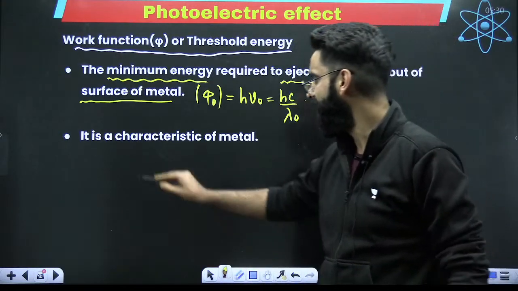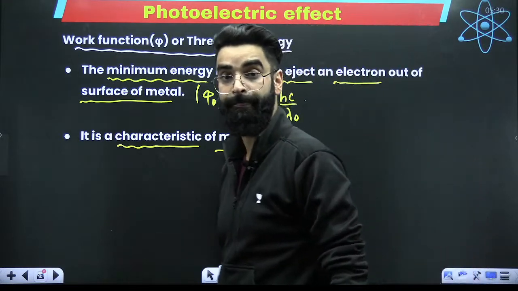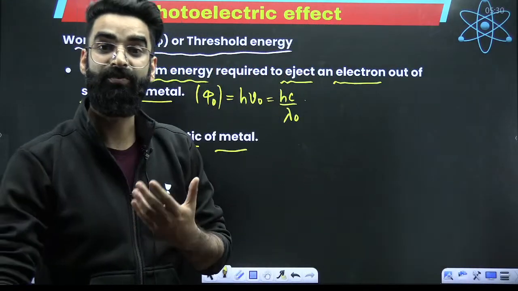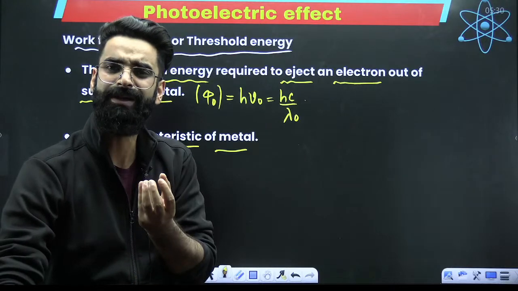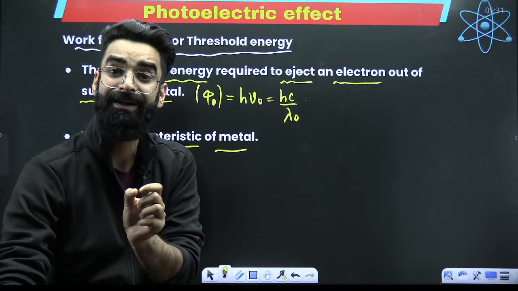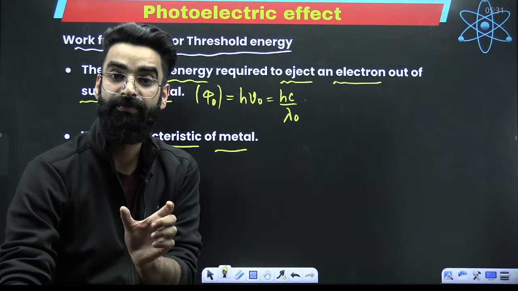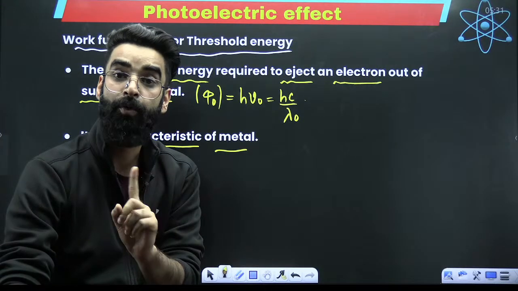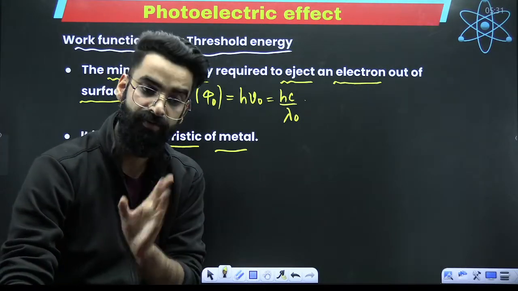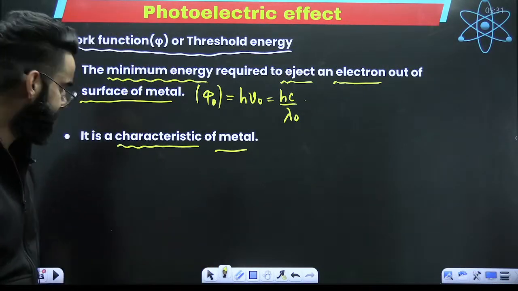Work function is basically a characteristic of the metal. It depends on the amount of force of attraction between the electron and the metal ions. More the attraction, more the energy needed, more the work function. I believe it's clear.